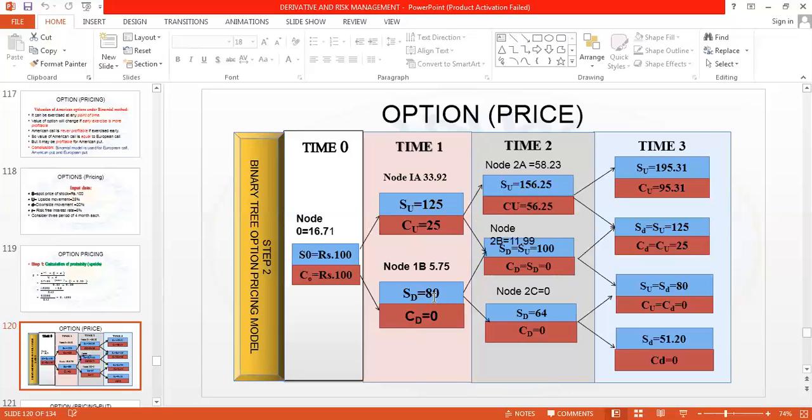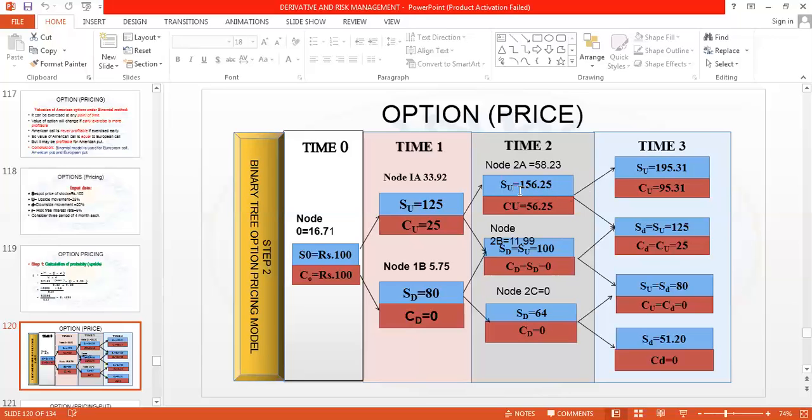If it was 80 in time 1, then with 1.25 multiplication, it will be 100, and with 0.8 multiplication, it will be 64. So in time 2, we are getting 3 spot prices: 156.25, 100, 64. Now, 156.25 in time 2, again will have an upside movement and a downside movement. For upside, 156.25 into 1.25 is 195.31.